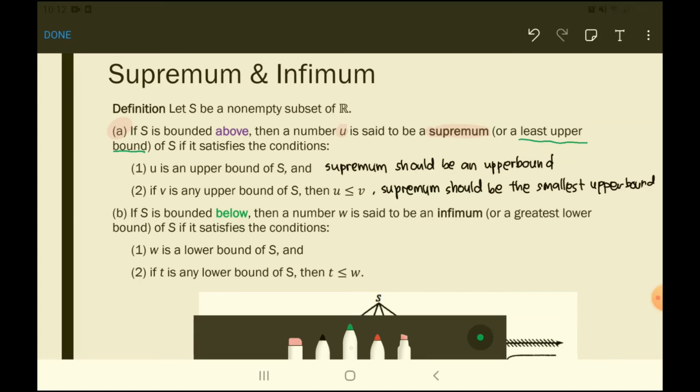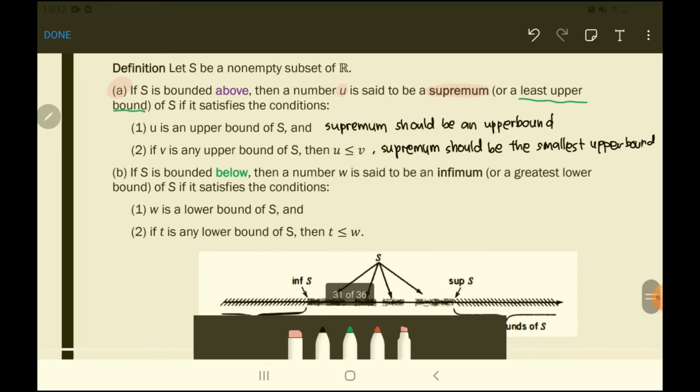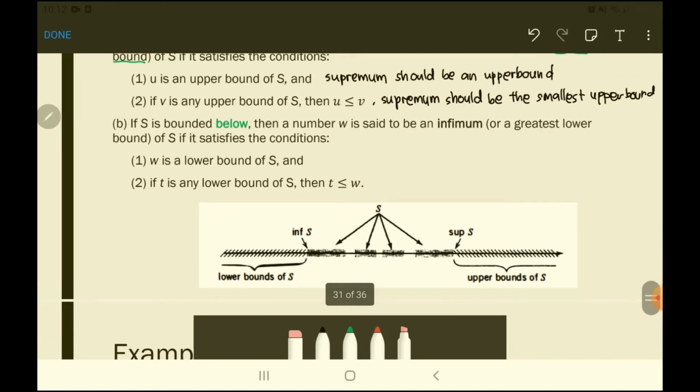If I show you the picture, let's look at the picture here. If S is the set, this red part is the set. Here is the set, and this red shade is all the upper bounds of S, because all values there will be greater than or equal to the elements of S. Among all those upper bounds, there must be one smallest value, right?